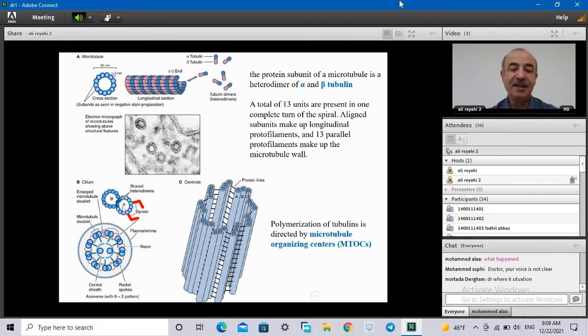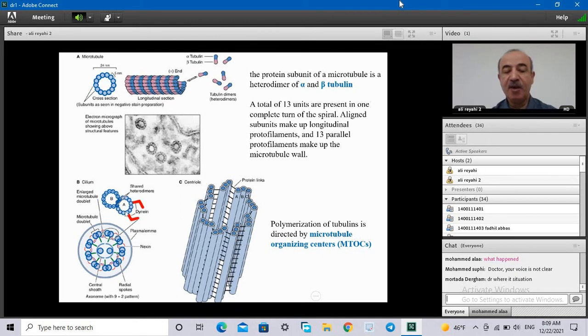Each doublet is formed by microtubule A and microtubule B that share three filaments for the junction of these doublet microtubules.